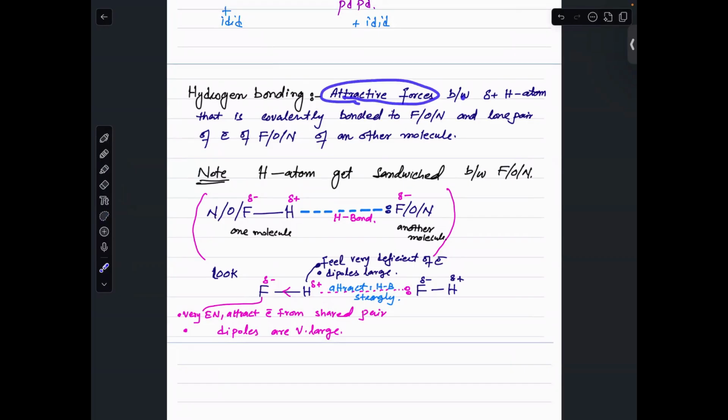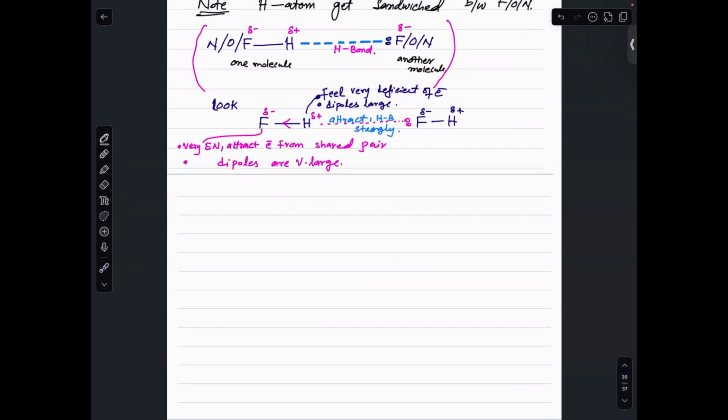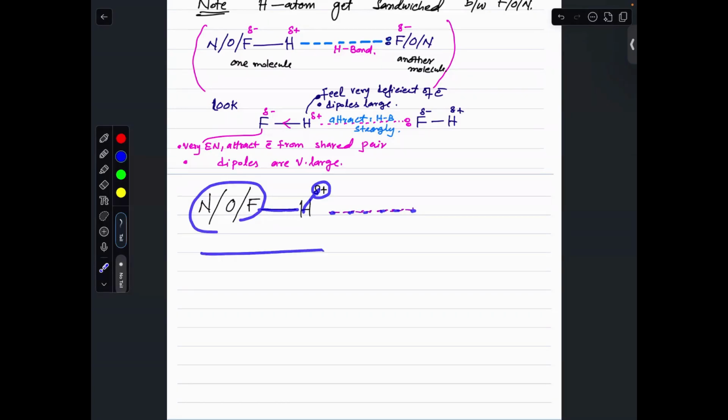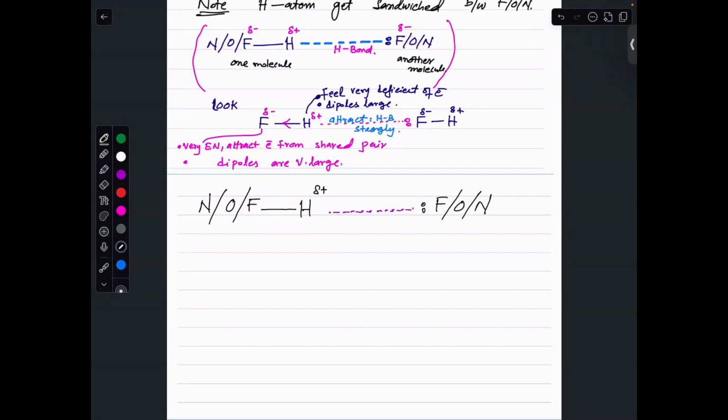Hydrogen bond is the attractive force between a partially positive hydrogen atom that is covalently bonded to F, O, or N in one molecule and the lone pair of electrons of the F, O, or N of another molecule. What is the meaning of this?